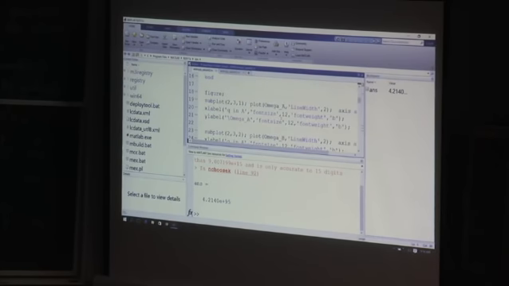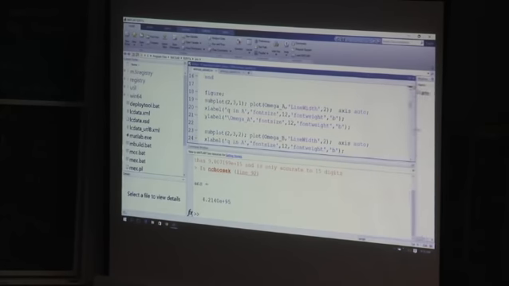Now I would like to make a figure. The first figure that I would like to plot is omega A. Then I would like to plot omega B. And on the x-axis I will have the Q's.